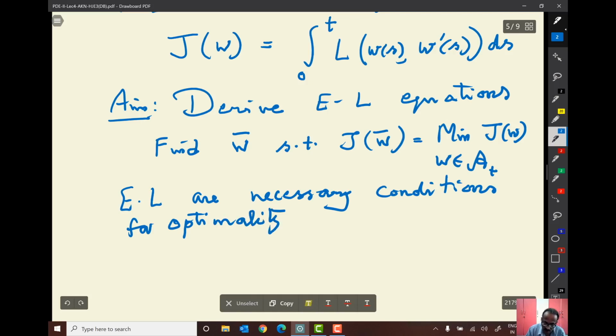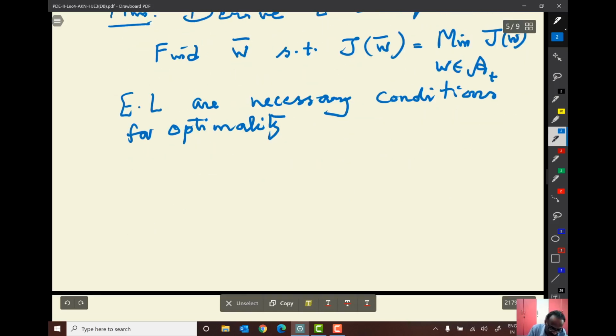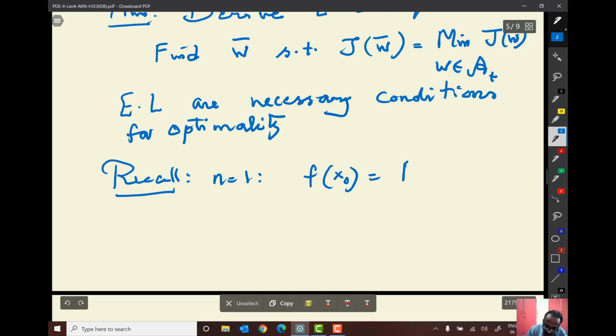Let me recall. Suppose you have a one-dimensional situation, n equal to 1. I want to find x naught, the minimum of f(x) in some set, an interval or something like that.